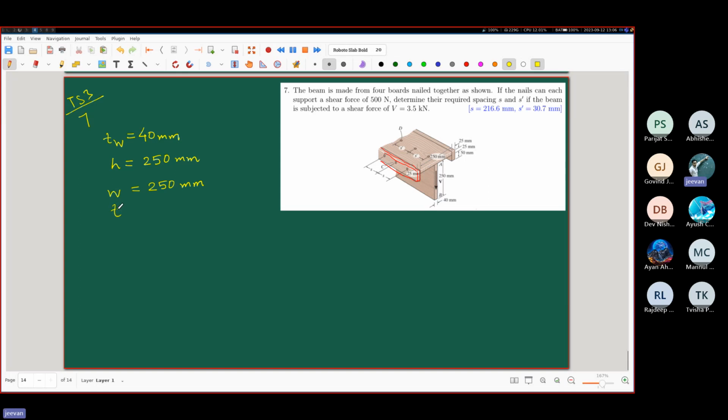The thickness of the flange, how much is it? 25 mm. Now for these little bits, I will call that height HT. HT is how much? Height of those bits is 50 mm plus 25 mm, 75 mm. And the thickness of those bits, TT, how much? 25 mm.